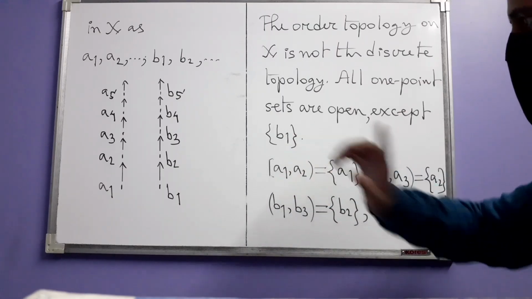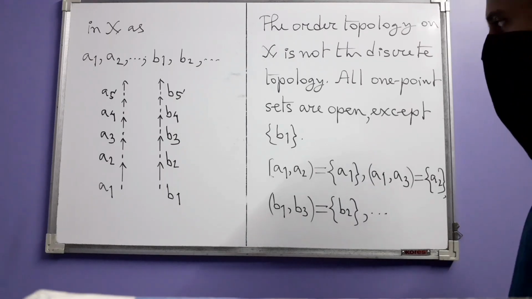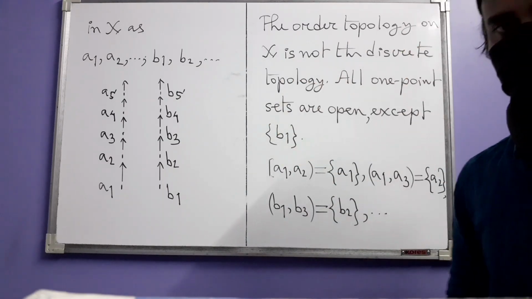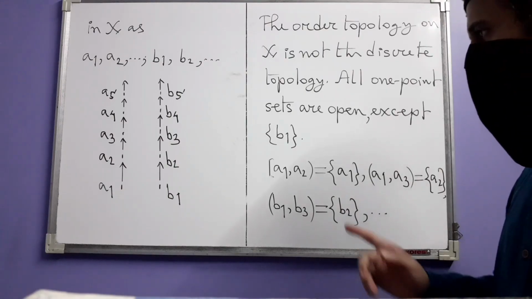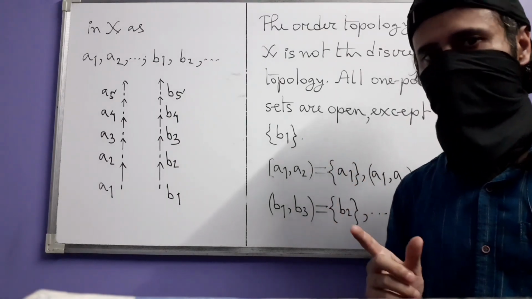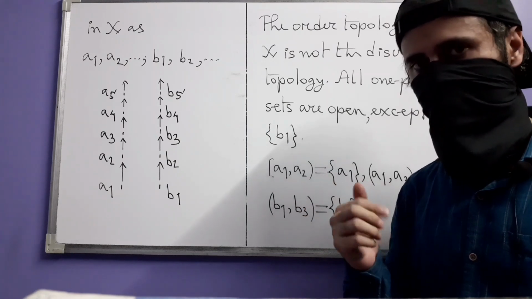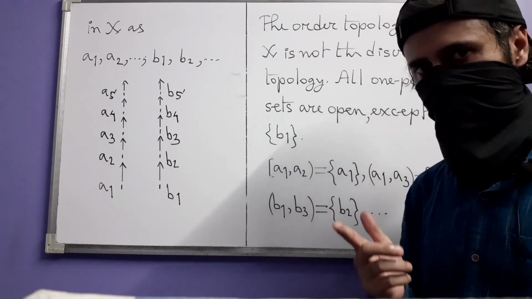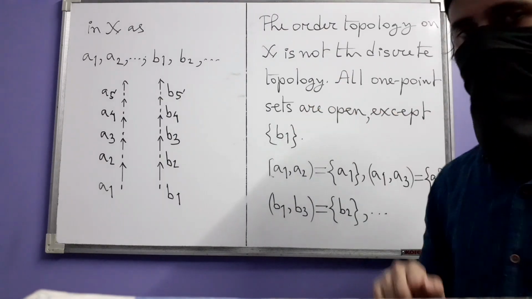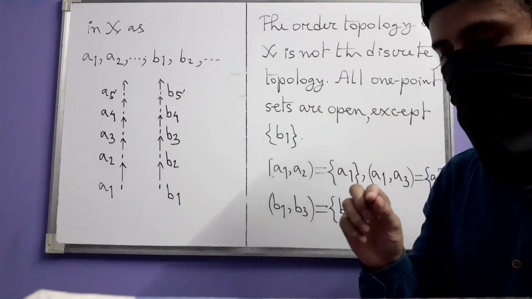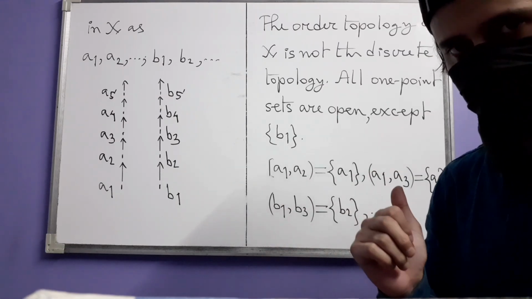But why is this not open? Well, say this is open, what will go wrong? By the definition of an open set, when you are talking about a topology given by a basis, if you have a point in that open set, then that point should lie in a basis element which itself should lie in that open set.